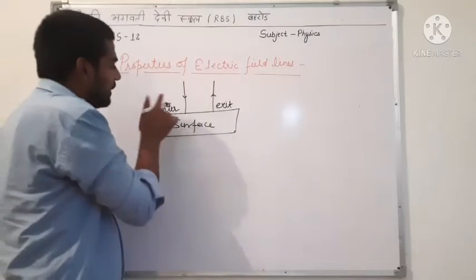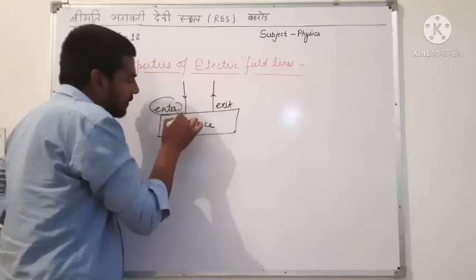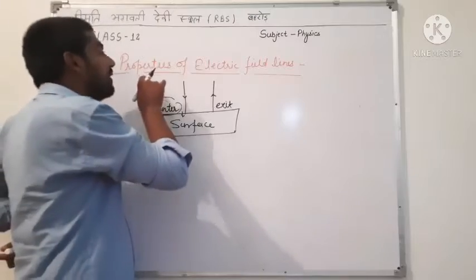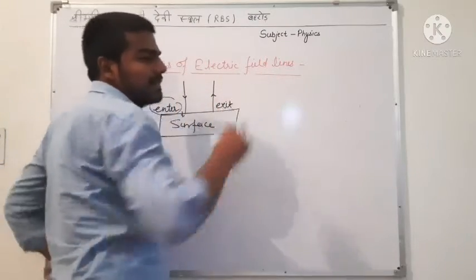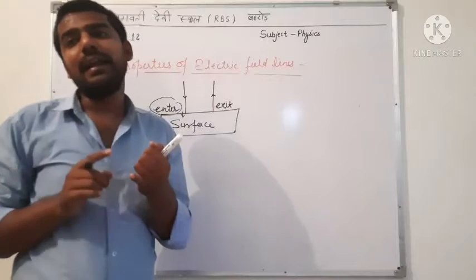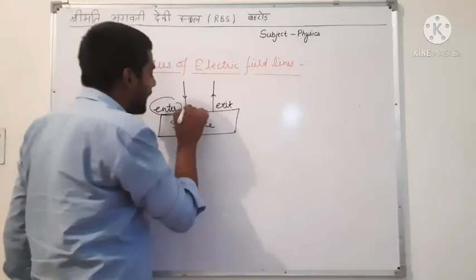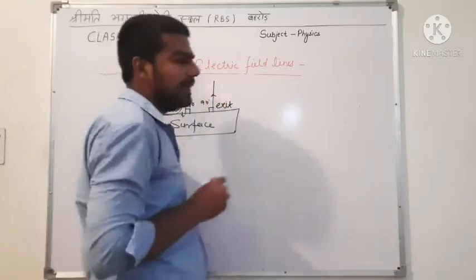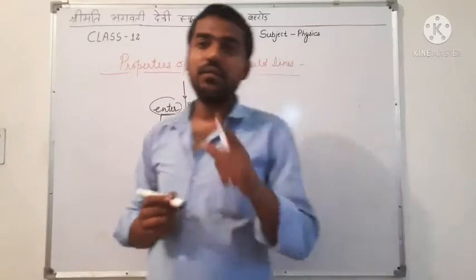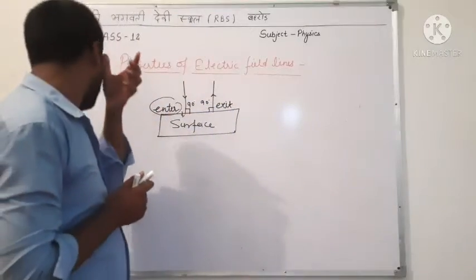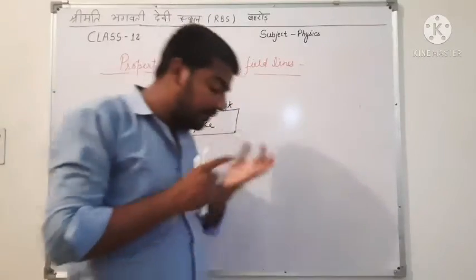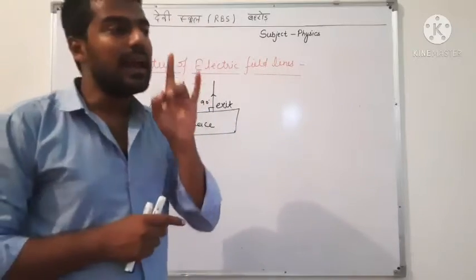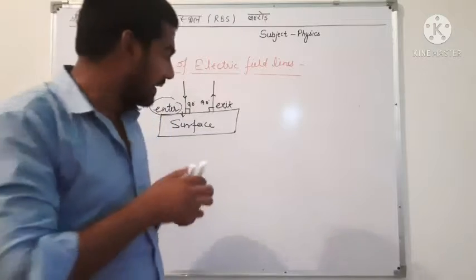The electric field lines enter and exit a surface at 90 degree angle. It is the first property of electric field lines.